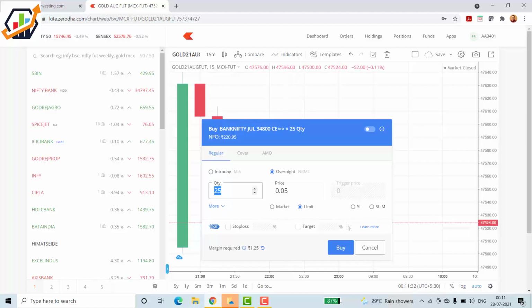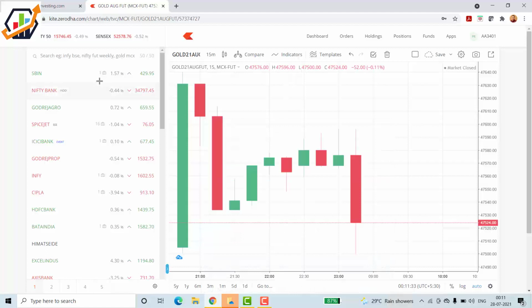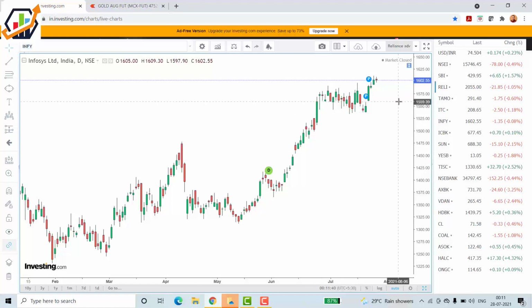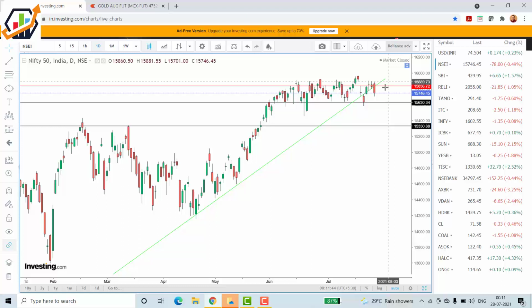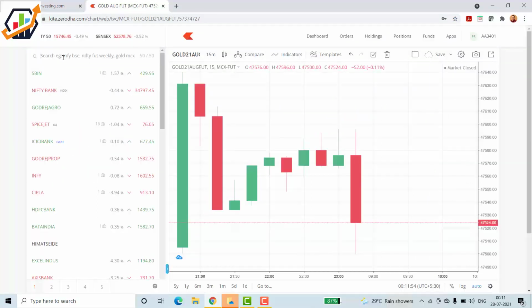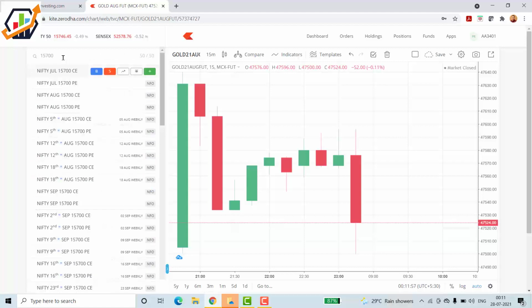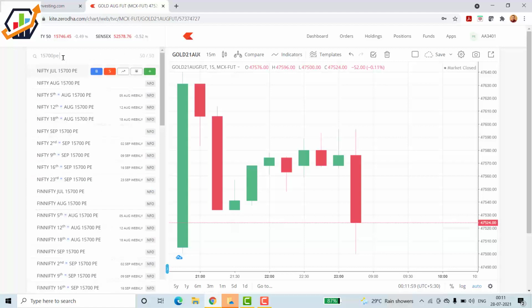Now similar to the call, you also have a put. If you are bearish on Nifty and you find that Nifty is at, let's say, 15,746, and you think that it is going to go down, then you can actually buy a put of 15,700. If you buy a 15,700 put, you have to say 15,700 PE and put a space, and you will get all the options.